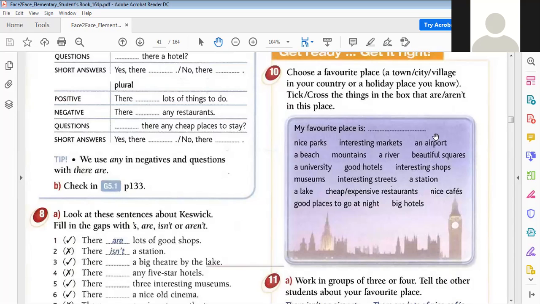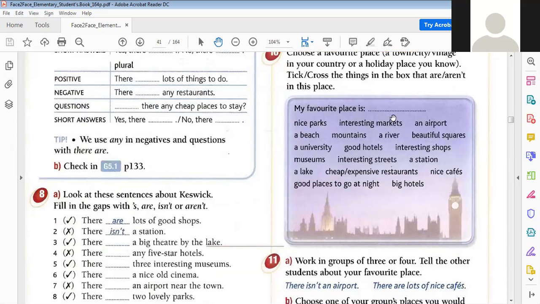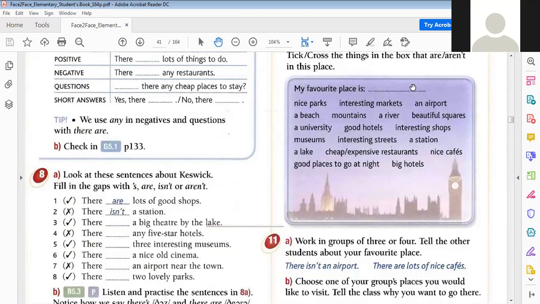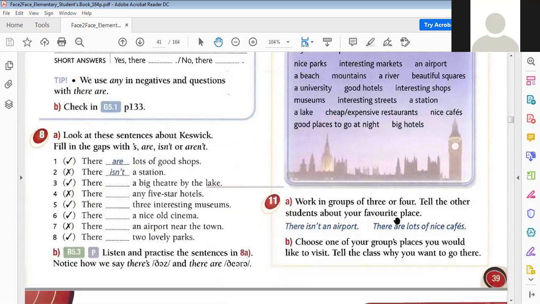For example, you can say, my favorite place is London. My favorite place is Paris. It's Istanbul. You can choose a place, talk about it, or Tunisia, whatever. And we can use there is, there are.